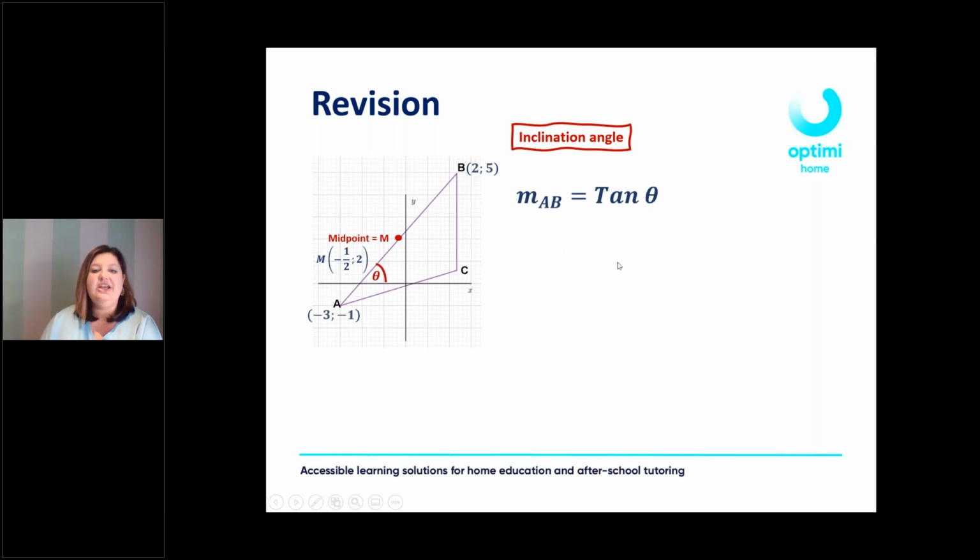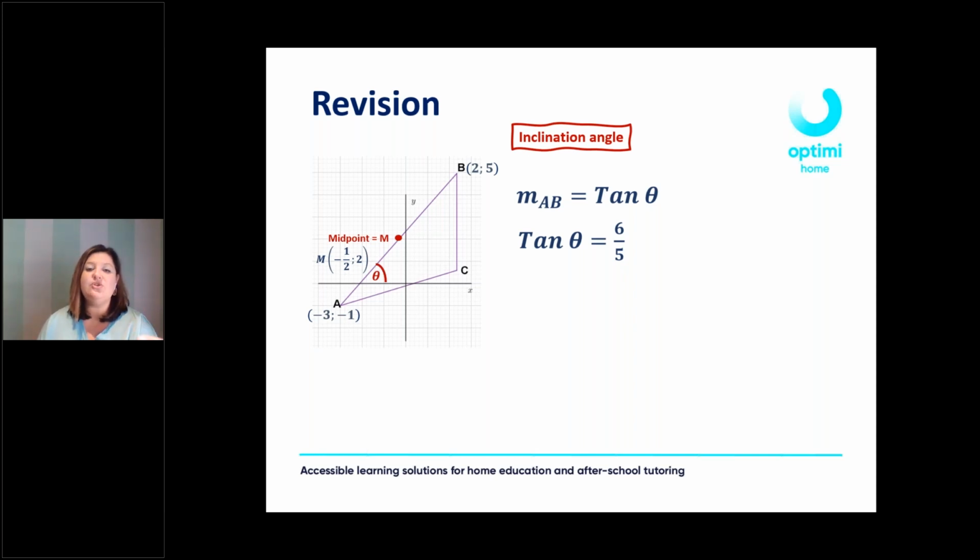Right, so you will substitute into your gradient. We have calculated the gradient in the previous slides. The gradient is 6/5, so tan theta is 6/5, but I still didn't solve the angle. I'm asking for the angle of inclination. So that is an extra step that you need to do on your calculator. So instead of just saying tan 6/5, you need to say shift, or I think someone else had second function.